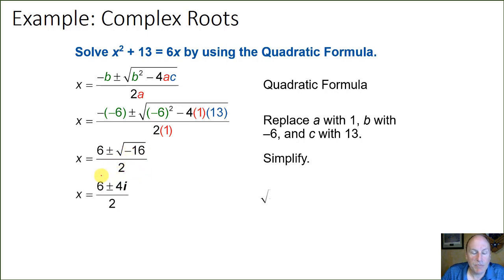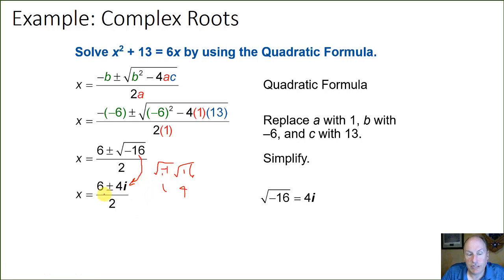When we simplify that, you'll recall that we have to use complex numbers because the square root of negative 16 is going to be 4i. Because the square root of negative 16 is the square root of negative 1 times the square root of positive 16, which is i times 4, or better written 4 times i.